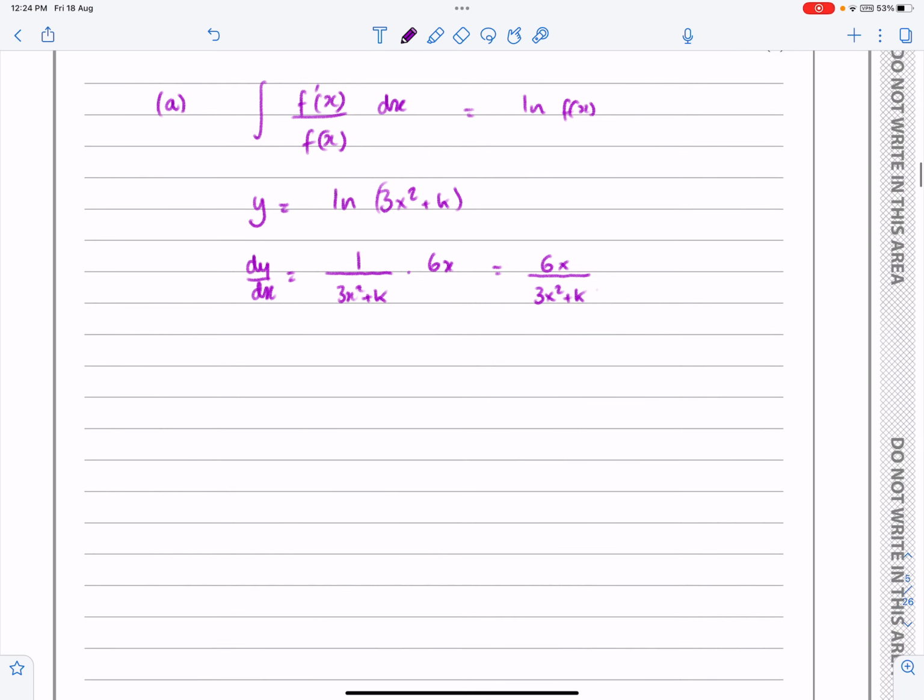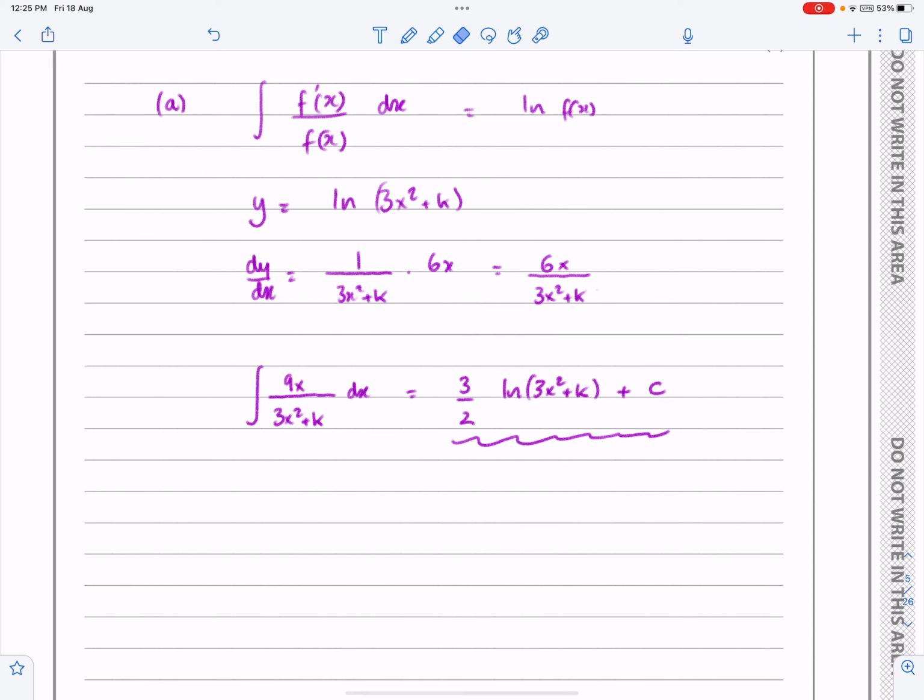So the integral of 9x over 3x squared plus k dx is 3 over 2 times bigger than that. So we'll have 3 over 2 log of 3x squared plus k. That's my answer. Don't forget to put your constant of integration on as well.